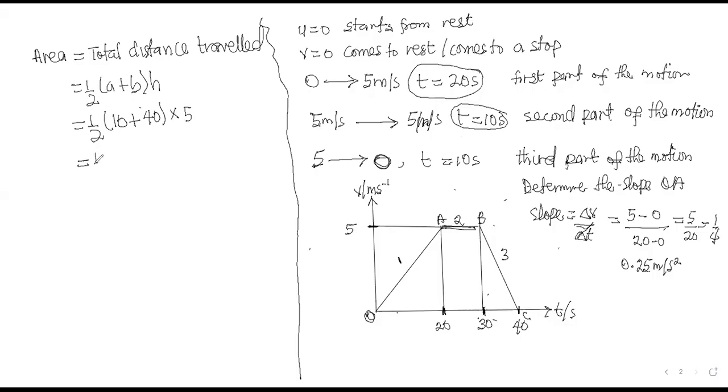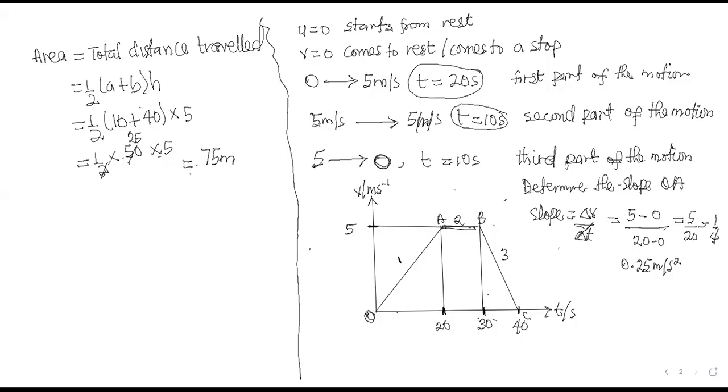So we have half times 50 times 5. This is equal to, 2 goes into 50, 25. So we have 25 times 5, which is 75 meters.